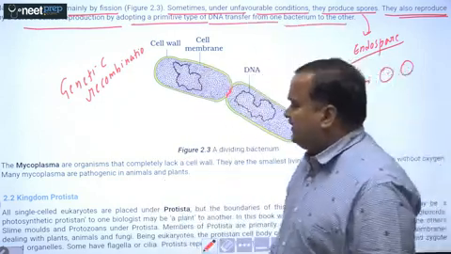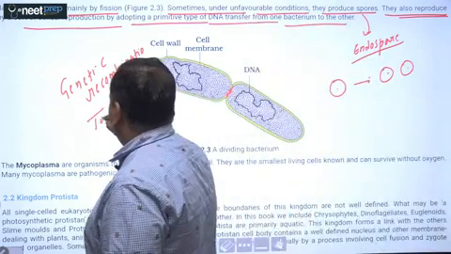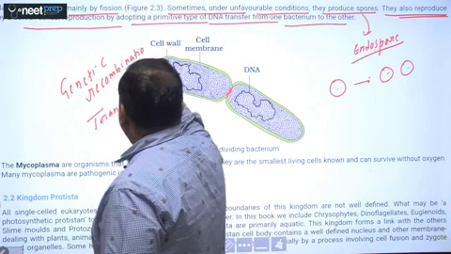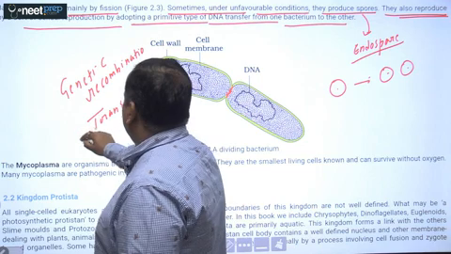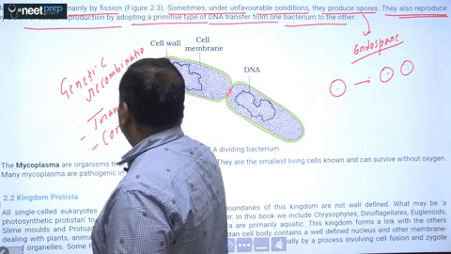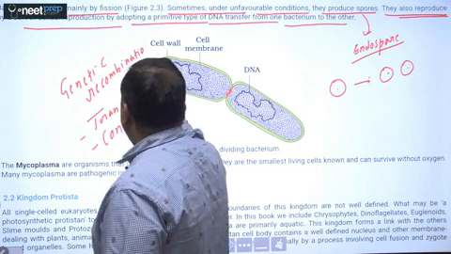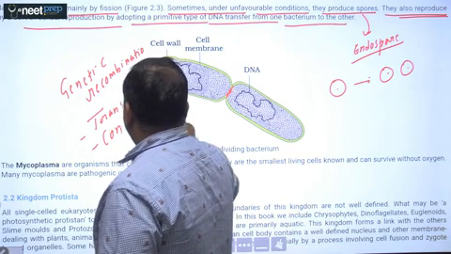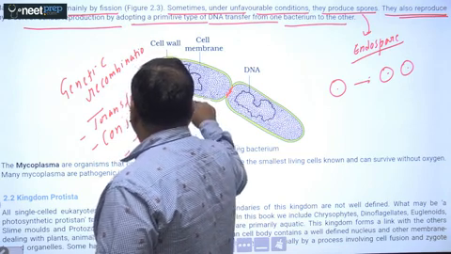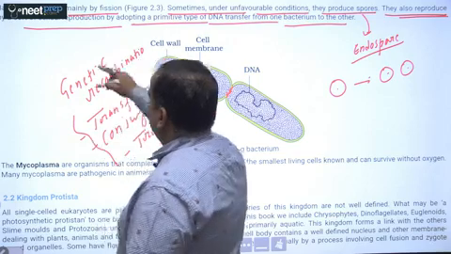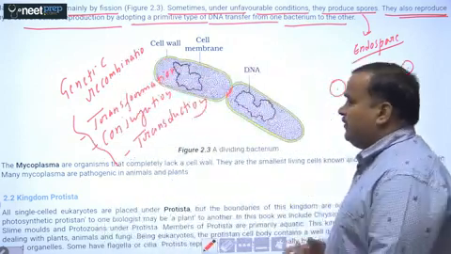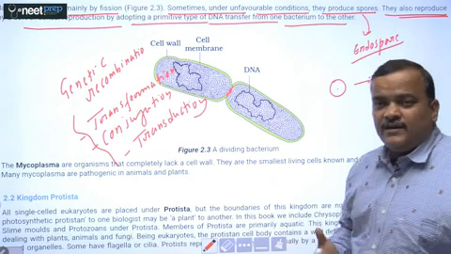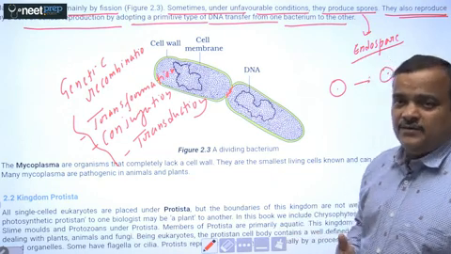This can be by transformation, conjugation and transduction. These are some of the primitive ways of DNA transfer in bacteria. Out of these, transformation will be studied in detail in class 12th in the chapter Molecular Basis of Inheritance.